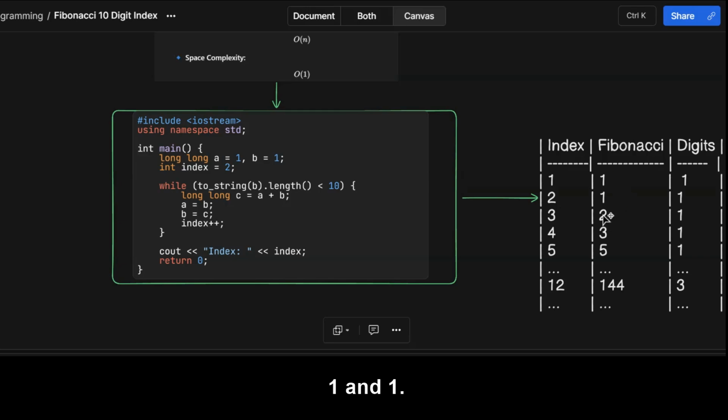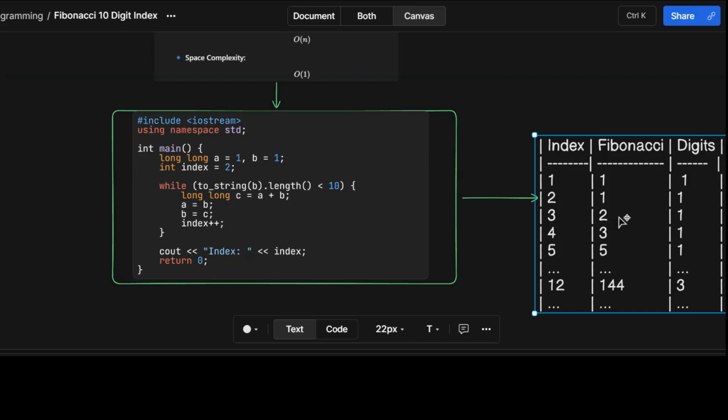How? 1 and 1 from a and b, because my earlier a has 1. Now when we get this 2, we hold this value in b, so b is equal to 2 and a is equal to 1. The fourth index will be 3 because 2 plus 1 is equal to 3.